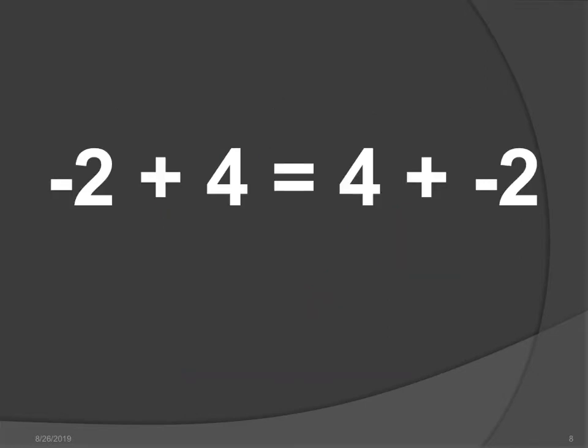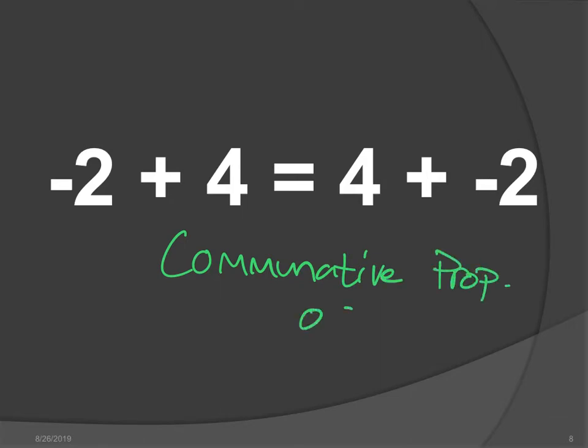All right, here on the next one, how many things are being added? 2. So you know it's going to be the commutative property. Okay, but what is it the commutative property of? Yeah, adding, which is addition. Okay, here you just change the order of what you're doing.